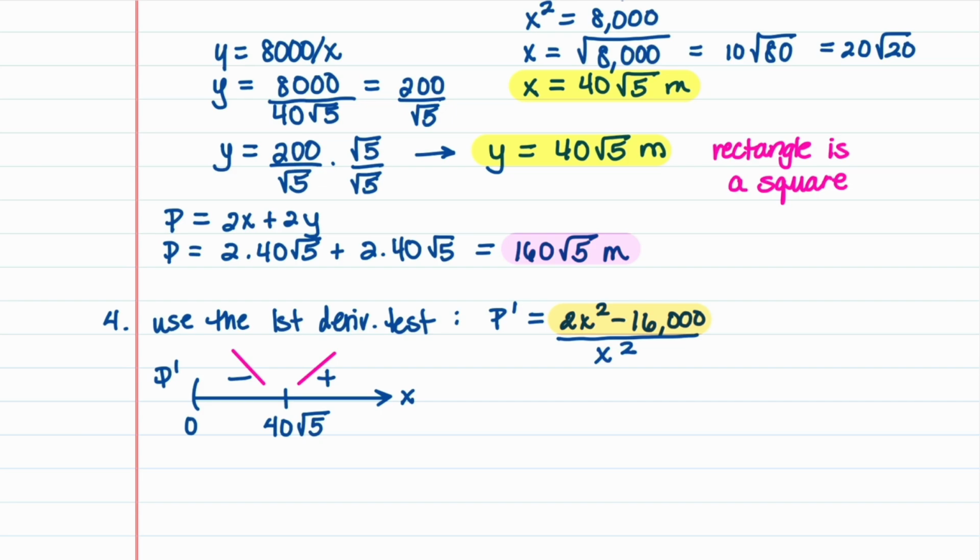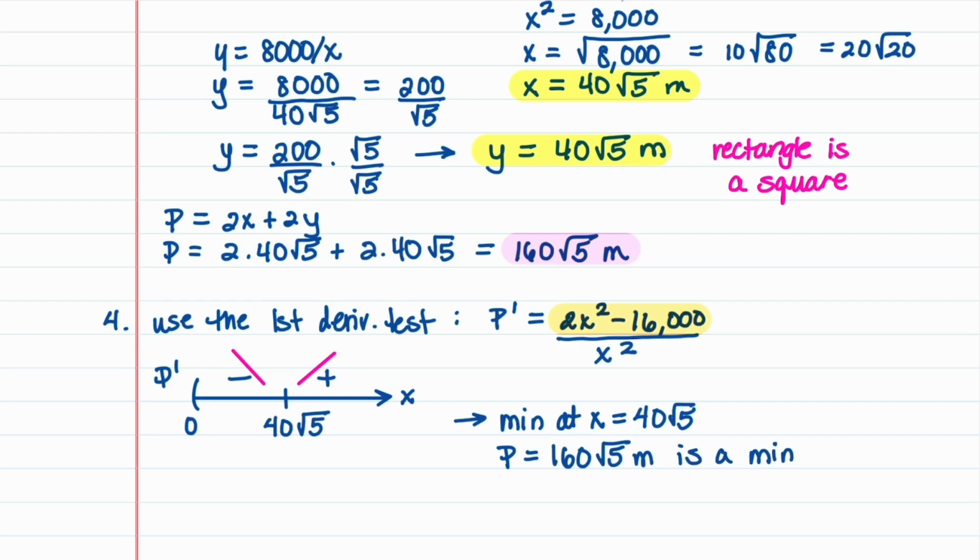So I'm going to write down that we have a min at x is equal to 40 root 5, and p is equal to 160 root 5 meters is a minimum. And let's highlight that.